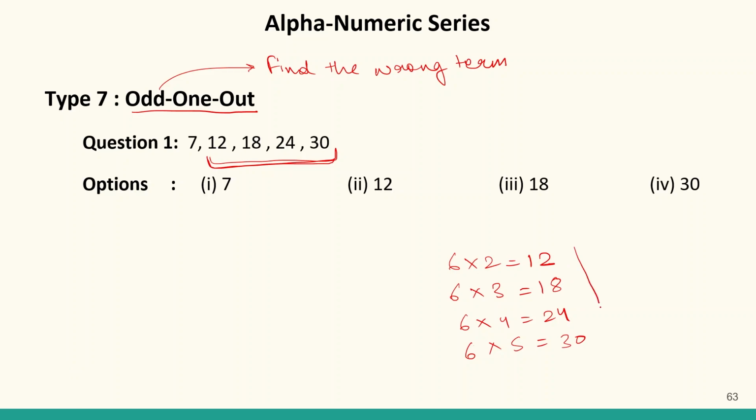So logically, I can say that this series is following a logic; these terms have something in common. But this term looks odd to me. It looks different because it is not fitting into this series. Maybe if in its place we had 6 into 1, 6, that would be the correct answer. That would be a logically correct series. So this term looks like an odd term to me because it does not follow the same logic. Hence, my answer will be option 1, which is 7.